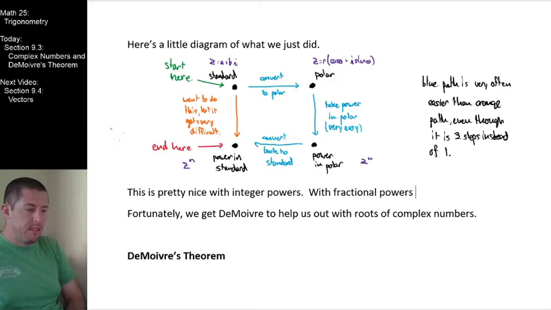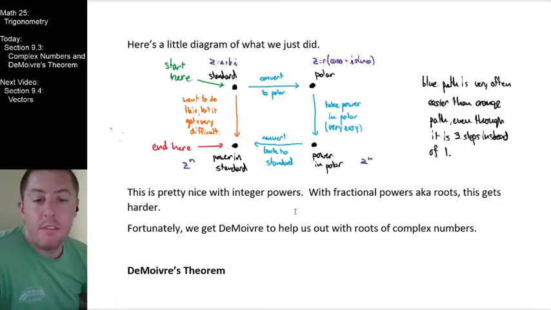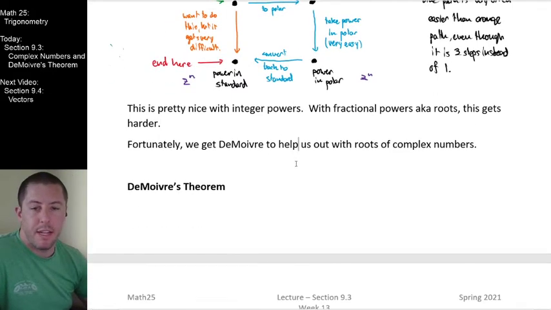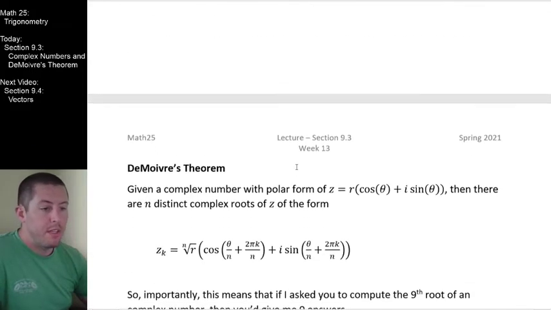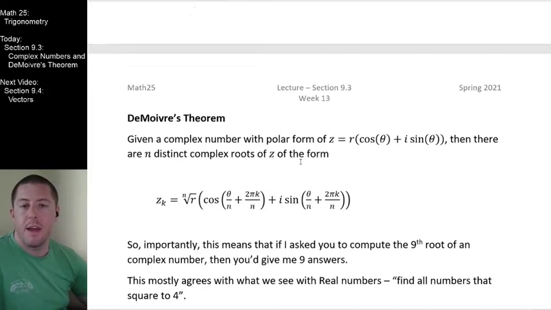Fractional powers, aka roots, this gets harder. Fortunately, we get De Moivre to help us out with roots of complex numbers. So let's wrap up today with the statement of De Moivre's theorem and an example, which is going to help us do a very similar process, but there's going to be one little technicality that we want to keep track of.